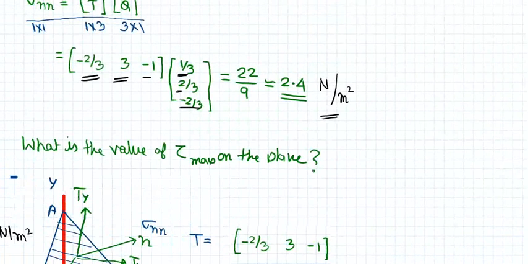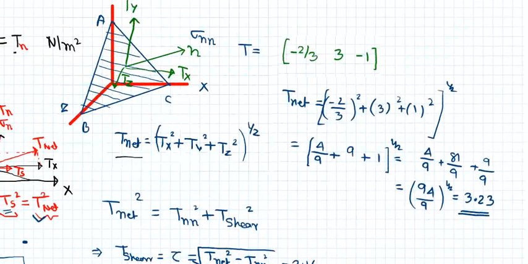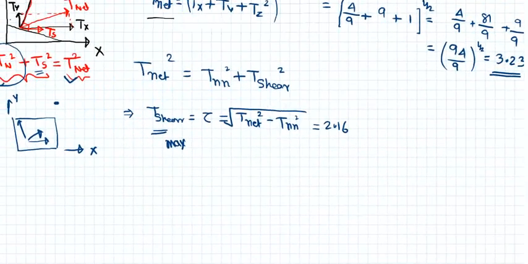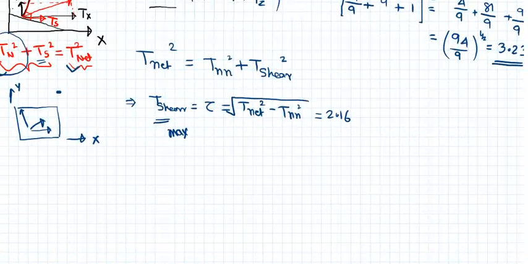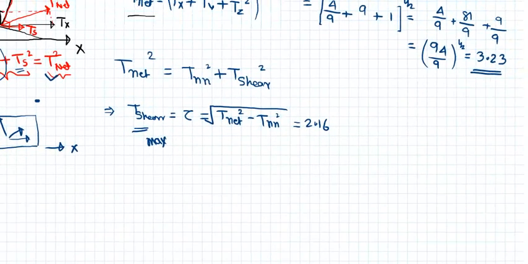So net is 3.23. So 3.23 square minus 2.4 square, take an under root of that, it will become 2.16. And if all the forces are represented in Newton, then it will be Newton per meter square, because our area is 1 unit, 1 meter square.